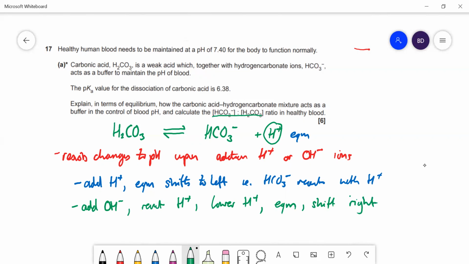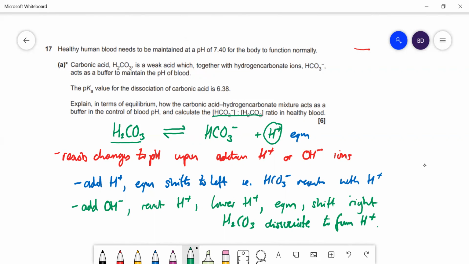So as long as you have got some hydrogen carbonate ions, they will dissociate to form some H plus ions. So you don't get much change. Okay, so that's the descriptive bit done.